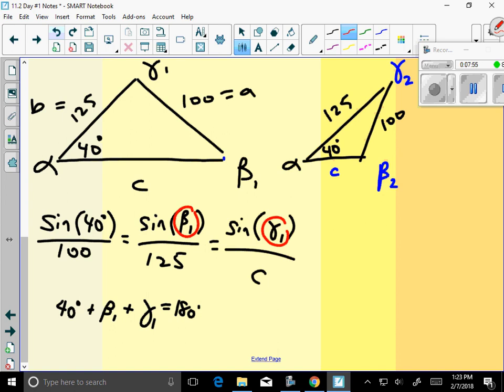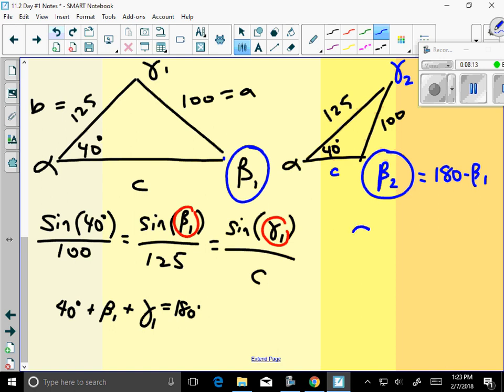Okay. Now, how are beta 1 and beta 2 related? What's the link between those two? They're supplementary. So in order to find beta 2, I would take 180 and subtract beta 1. And now I do the same thing in the other triangle.